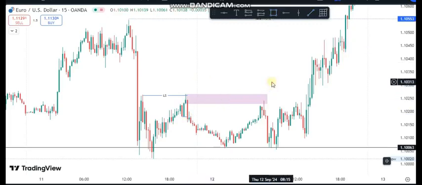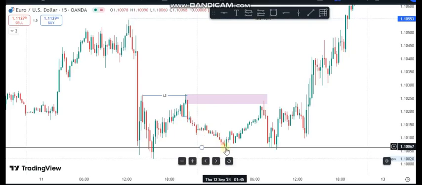So I'll wait for the price to come back and react to it before I take my trade. Look at my order. My take profit will be at this point here. That's where I'll be setting my take profit, the low here before the reversal.